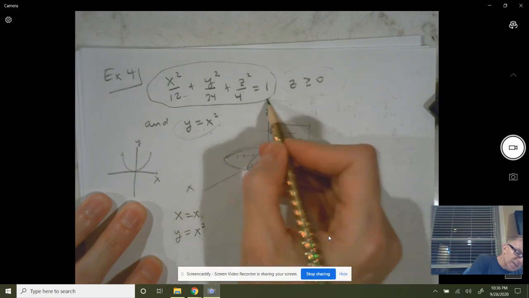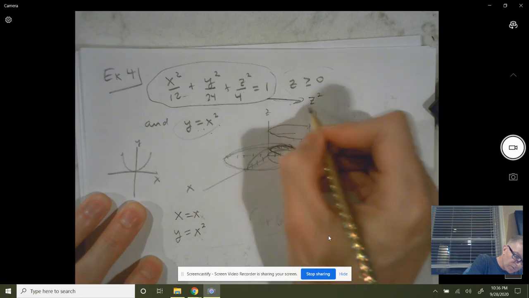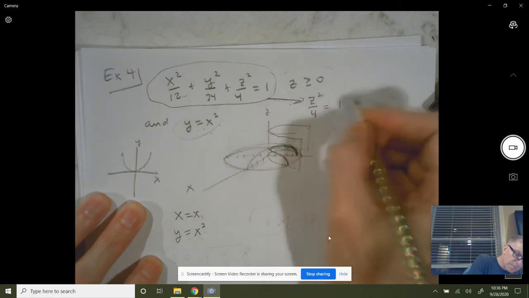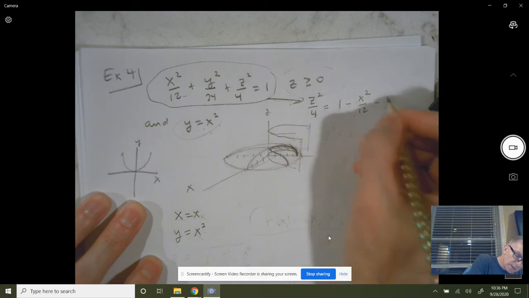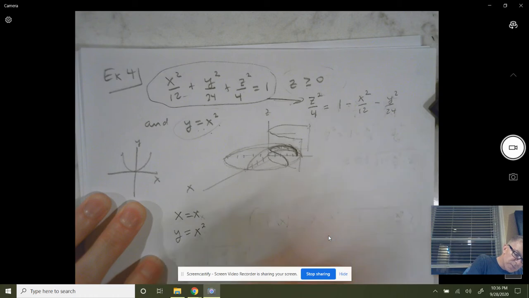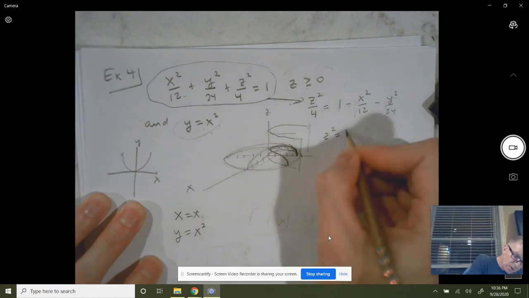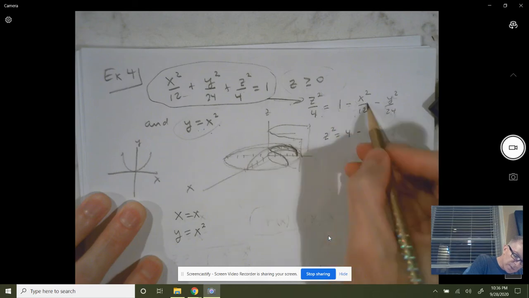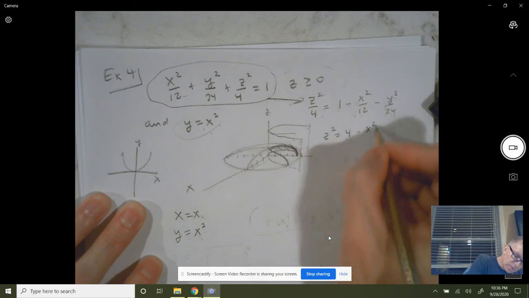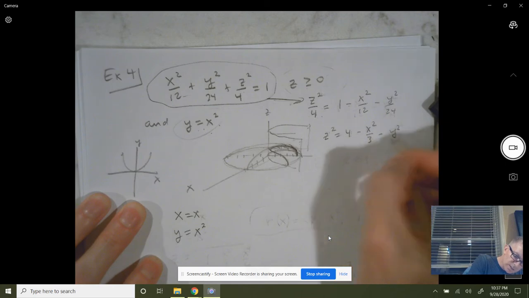But then we also know this has to be satisfied. So solving this for z, we're going to have z squared over 4 equals 1 minus x squared over 12 minus y squared over 24. Multiplying both sides by 4, z squared is equal to 4 minus x squared over 3 minus y squared over 6.